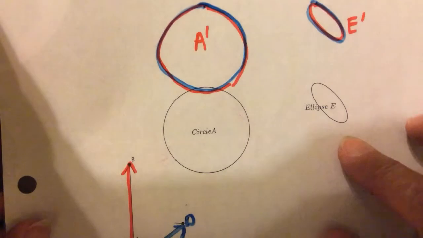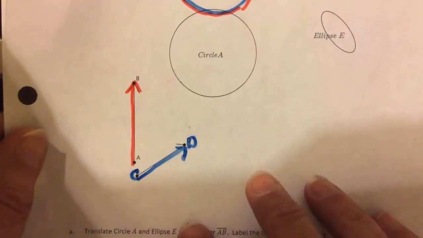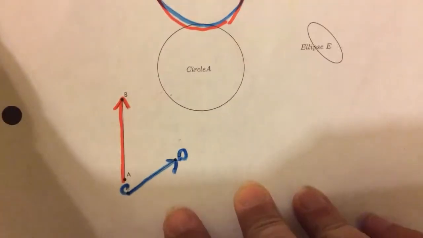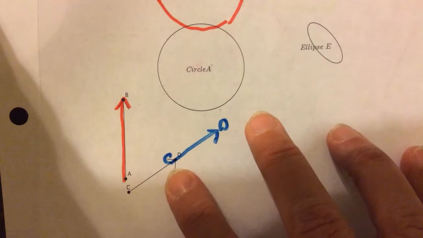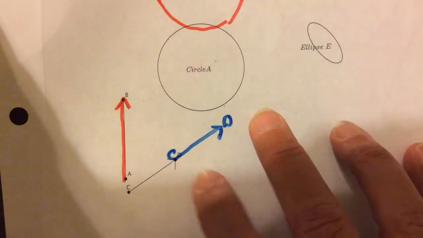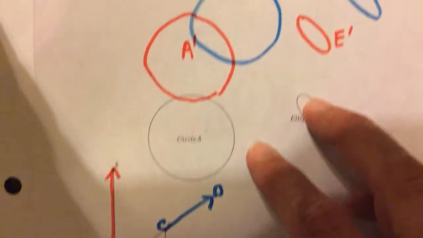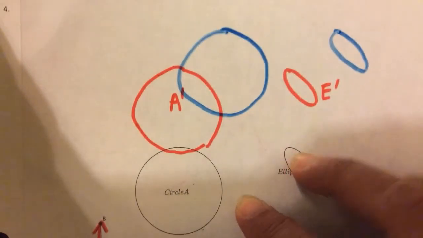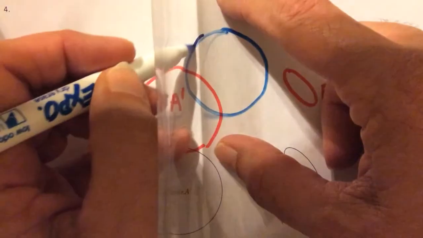And we're going to translate it along vector CD, okay? So again, when I do the translation, I focus on the vector, not the figures. I just let them move. Okay, so I've moved along that vector. Let's see where they ended up. Right over here. So I'll go ahead and trace this in blue.